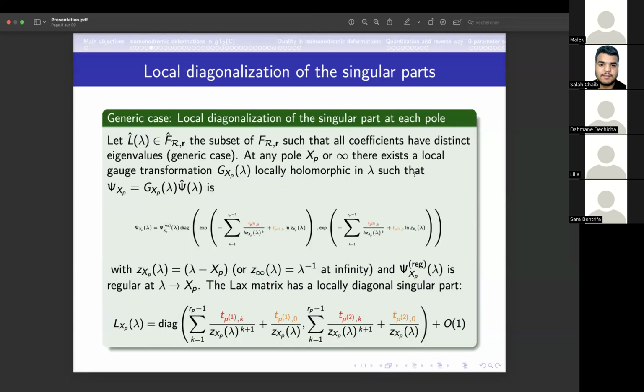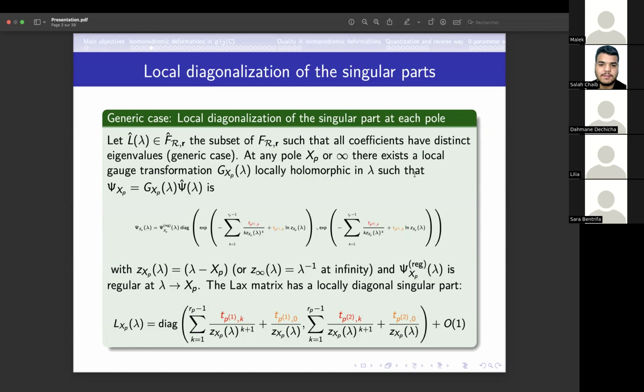One very important aspect of this theory was developed by Birkhoff. It's actually known until now as the Birkhoff factorization, or the formal classification of meromorphic differential systems. If I consider L of lambda such that all coefficients have distinct eigenvalues, I'm going to stick to distinct eigenvalues.